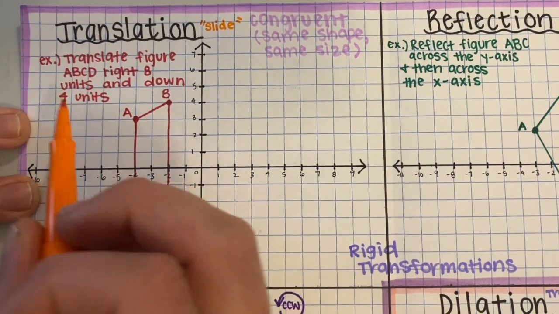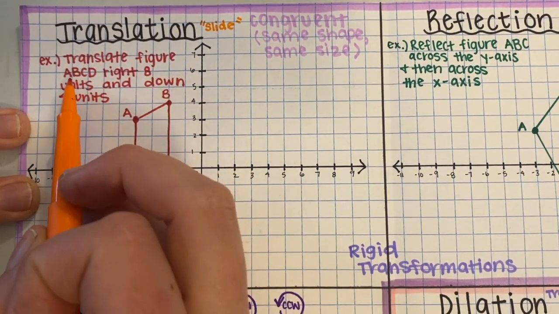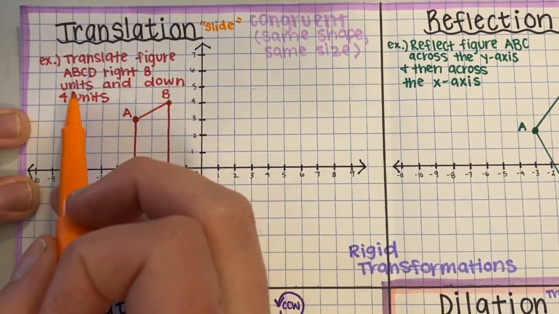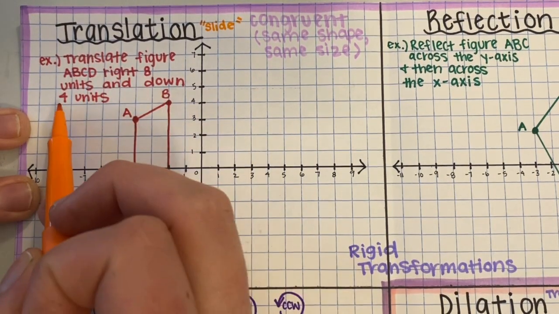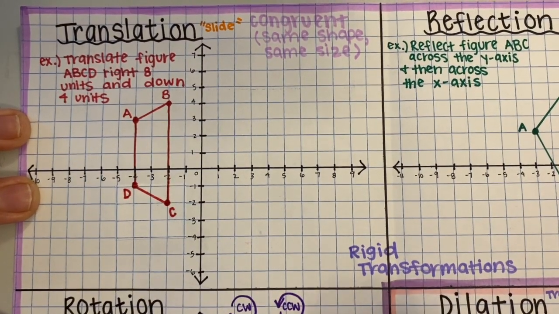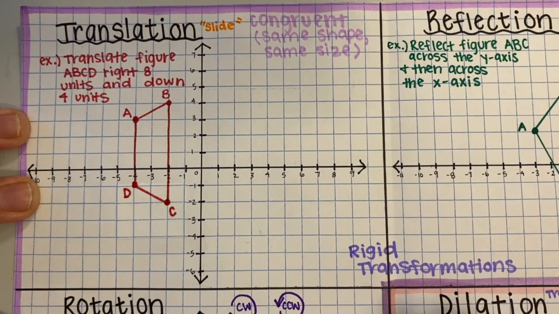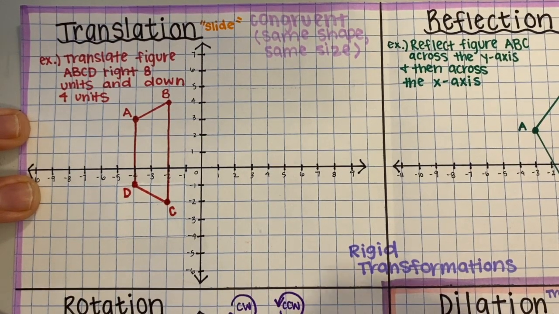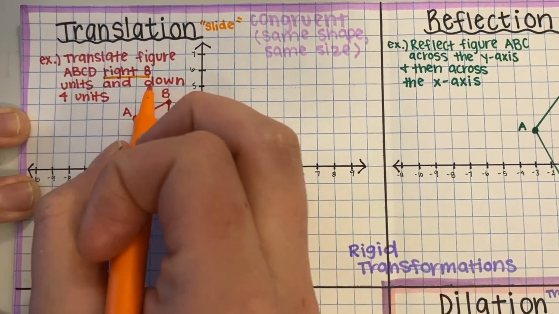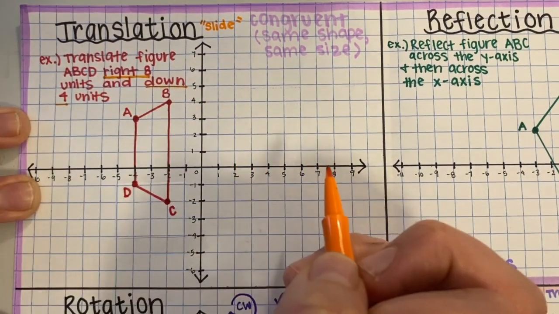So this one says translate figure A, B, C, D, right 8 units and down 4 units. So what I'm going to do is 1 coordinate at a time. I'm going to move it right 8 and then down 4.